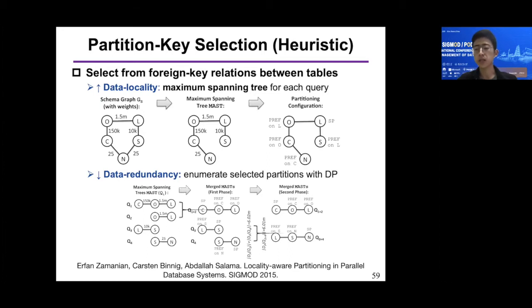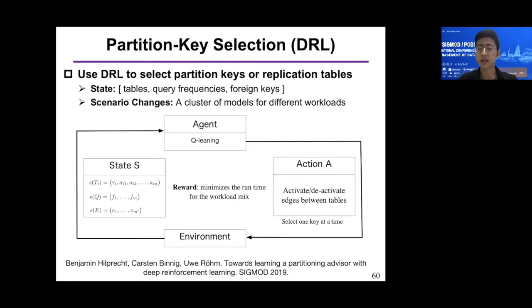However, co-partition can cause data redundancy. So in the second step, for each query, it can derive a spanning tree, and to minimize the data redundancy, they recursively merge those trees by dynamic programming. However, this method still brings in much data redundancy in the end.